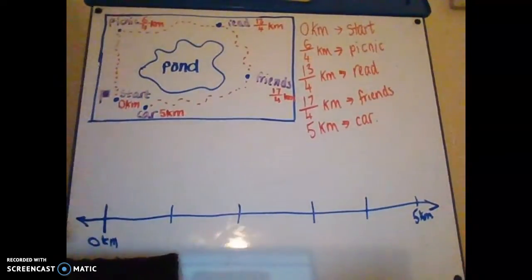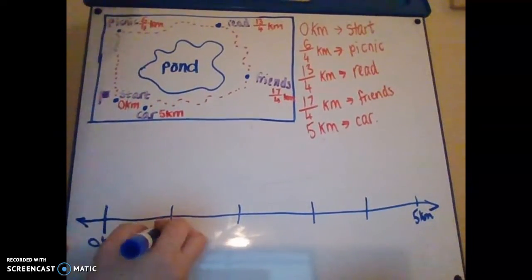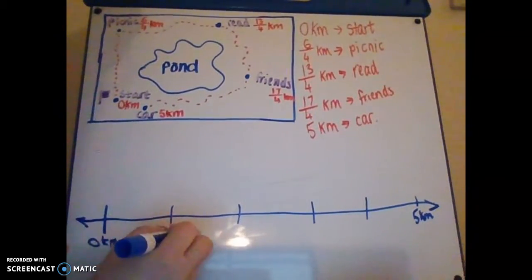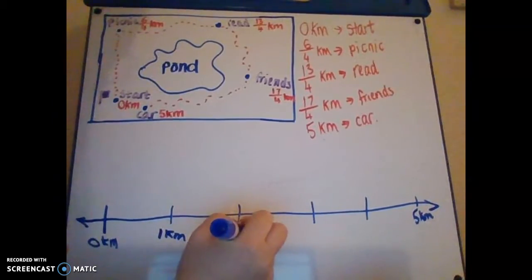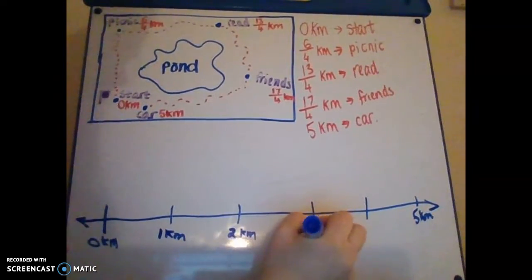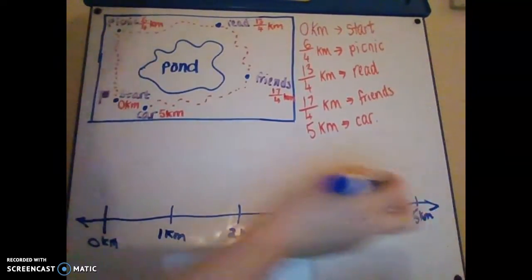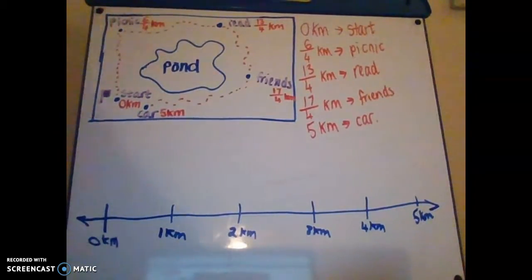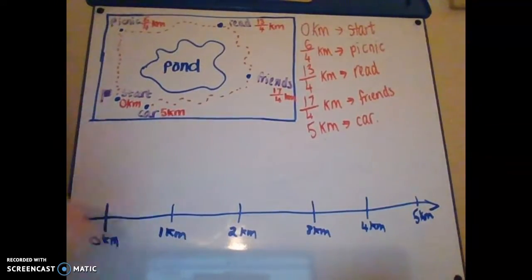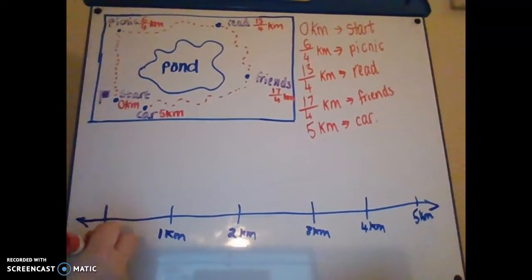So let me label these: 0 kilometers, 1 kilometer, 2 kilometers, 3 kilometers, 4 kilometers, and 5 kilometers. Now I need to start putting the picnic, the reading, and the friends on my chart. Because 0 kilometers I can put right away on, this is where I started.